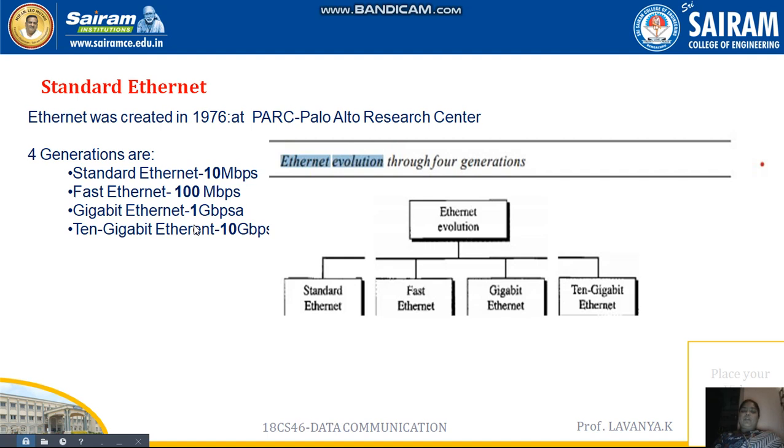If it is 10 gigabit Ethernet, it has 10 gigabits per second, so it reaches the particular destination that much faster. The speed of each and every generation is elaborated here. This is the pictorial diagram they have shown.